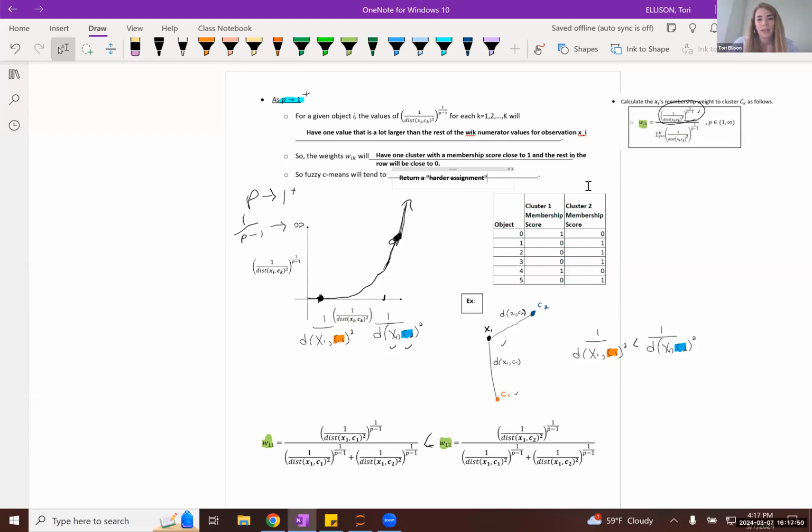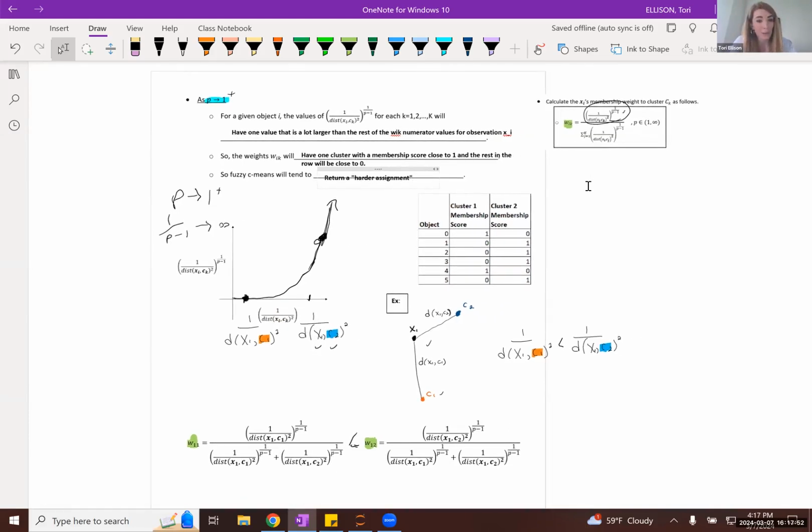Okay, now if you got a fuzzy clustering membership matrix that was a very hard assignment, there's not necessarily anything wrong with this per se. You still are able to extract useful information, right? So you're basically saying observation 1 100% belongs to cluster 1, observation 2 100% belongs to cluster 2.